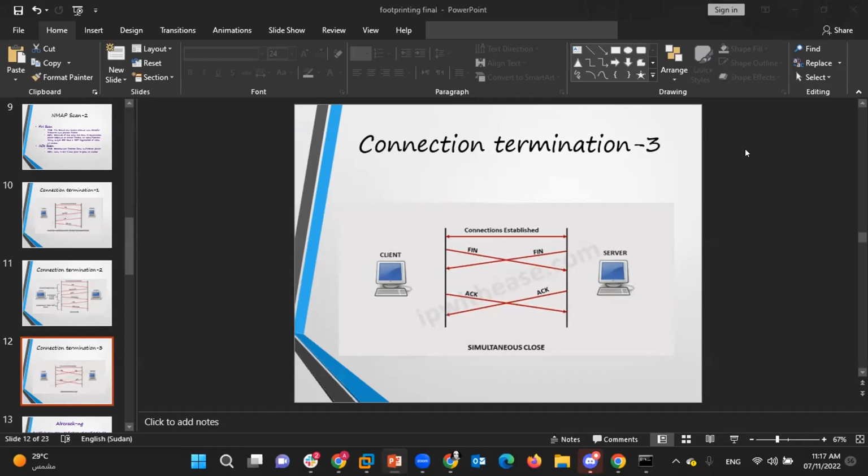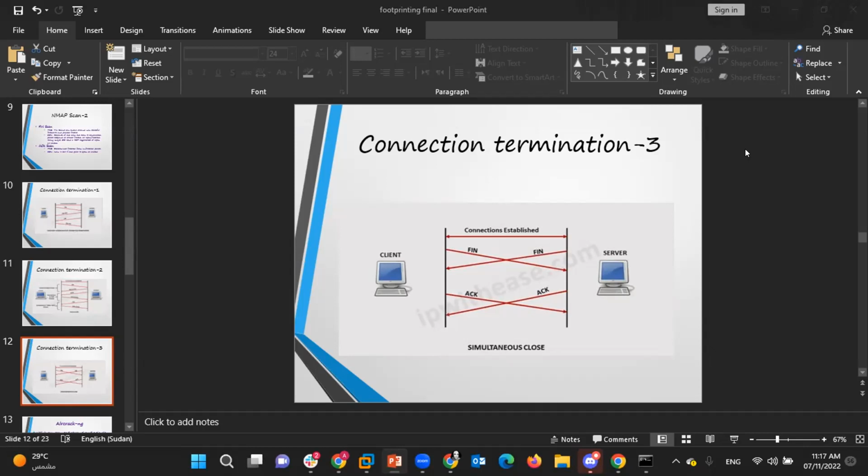So in connection termination for session timeout, the server sends a FIN packet to the client. And for termination, the session timeout, not the client, will also send a FIN packet to the server.